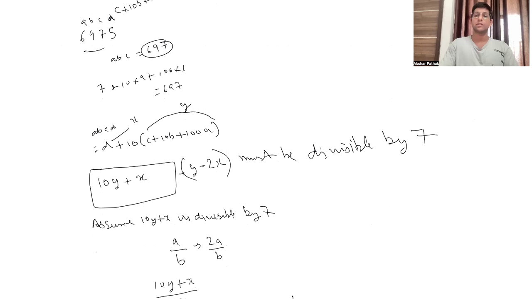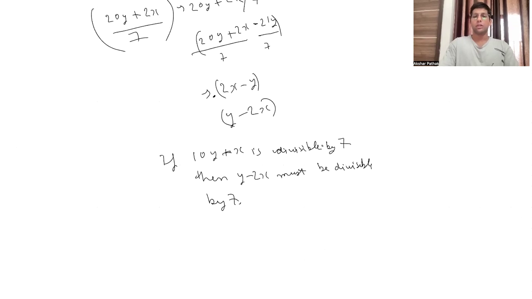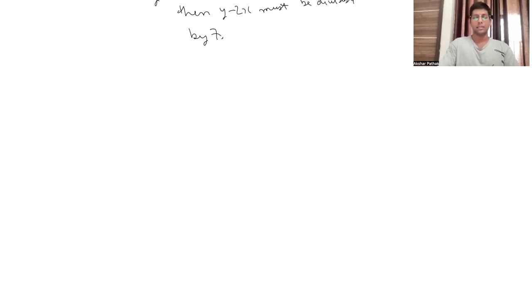So 697 is our y and 5 is our x. You just subtract 2 times 5 from 697. 697 minus 2 times 5 is equal to 687. Okay, so that was all. Again, I think that up till here you are very clear on what I'm saying.